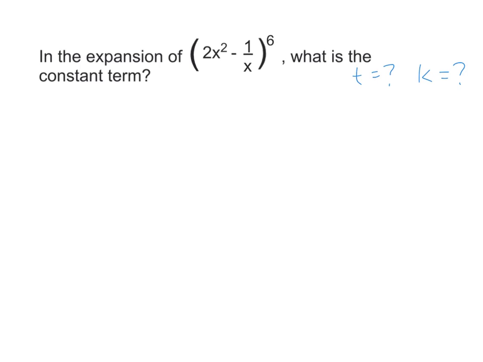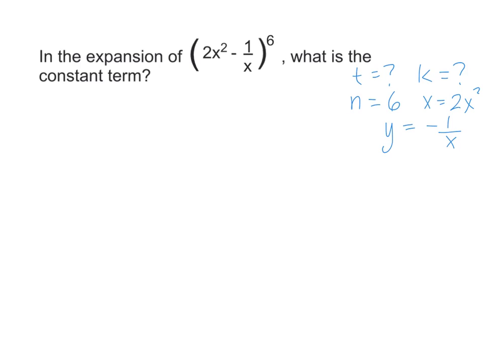And it's going to be a little bit trickier to figure out k in this one than it was in the previous question. But we do know n, that's 6. And we know x is 2x squared, and y is negative 1 over x. Make sure you keep that sign with the y, like I said before.